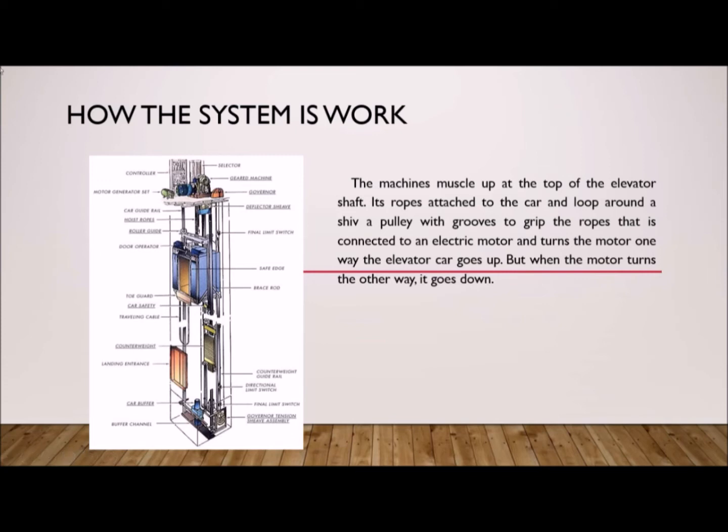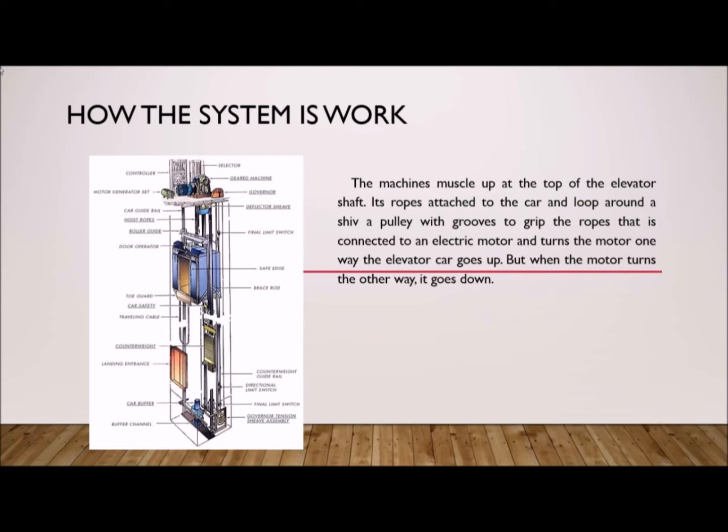Its rope is attached to the car and loops around a sheave, a pulley with grooves to grip the rope, that is connected to an electric motor. Turn the motor one way and the elevator car goes up. But when the motor turns the other way, it goes down.